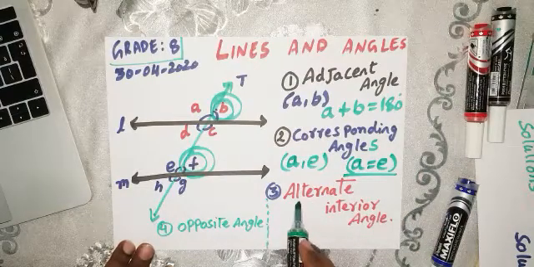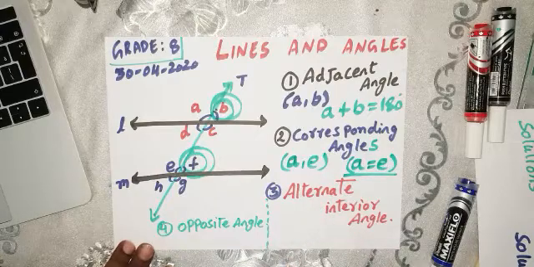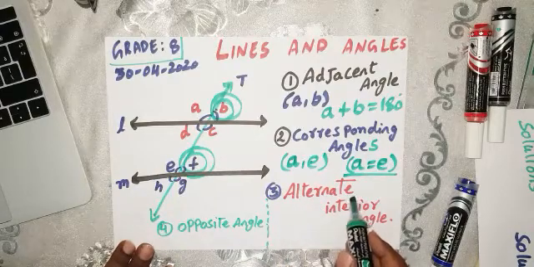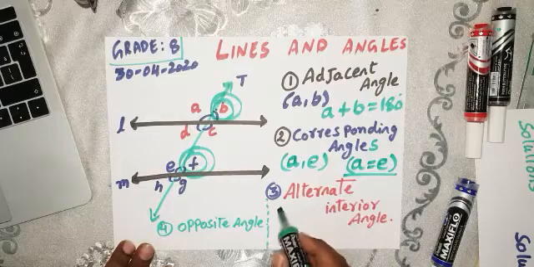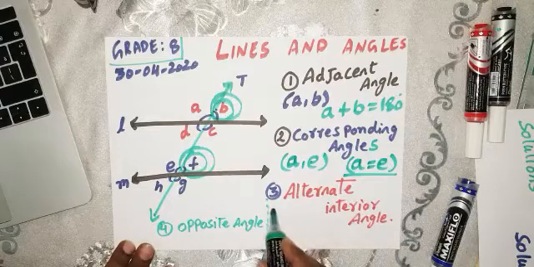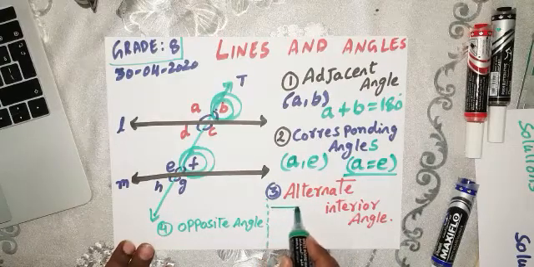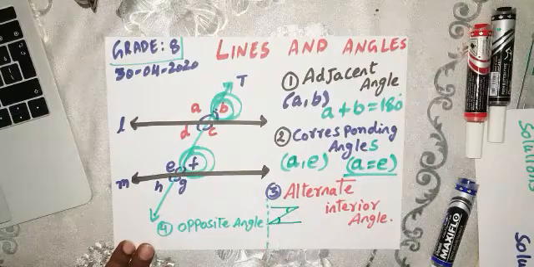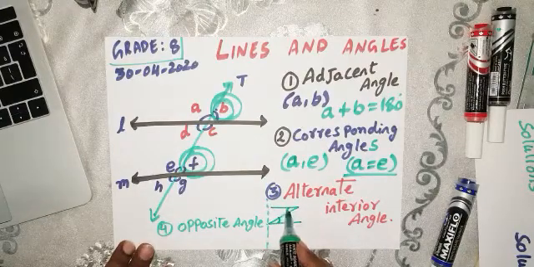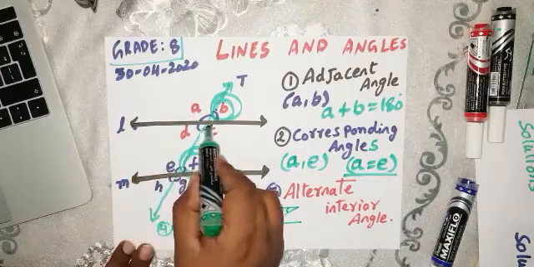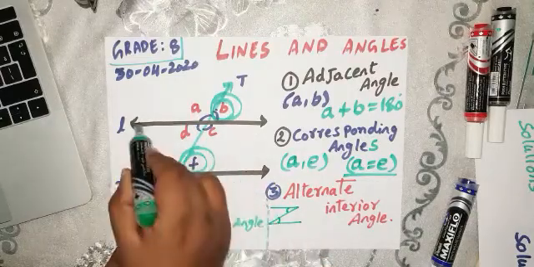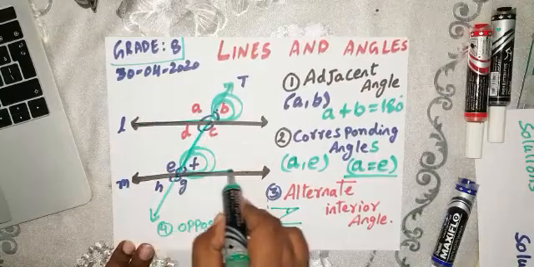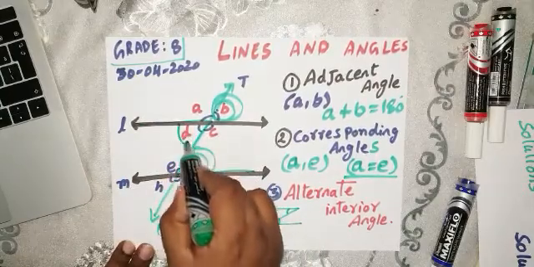Then we have alternate interior angles. Alternate angles, I can take you in the easiest way like the corners of the Z. If I am going to make a Z on this figure, this will be my Z. And what are the corner angles?